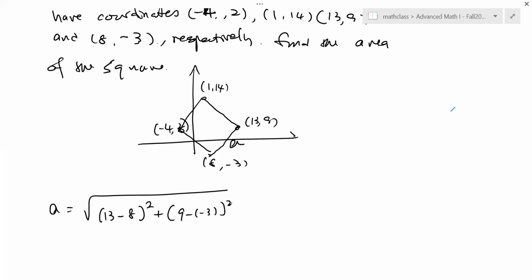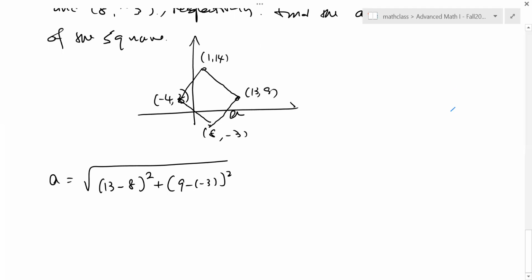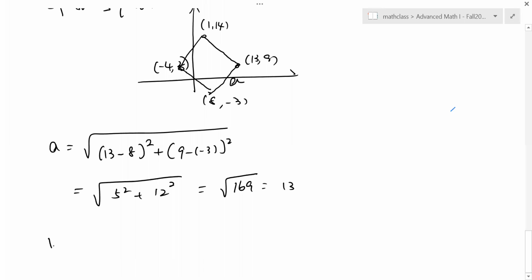So you will get 5 squared, and this is going to be 12 squared. Now this will be square root of 169, which is 13. So 13 squared is 169. So the area of the square is 13 squared. Okay, that's it.